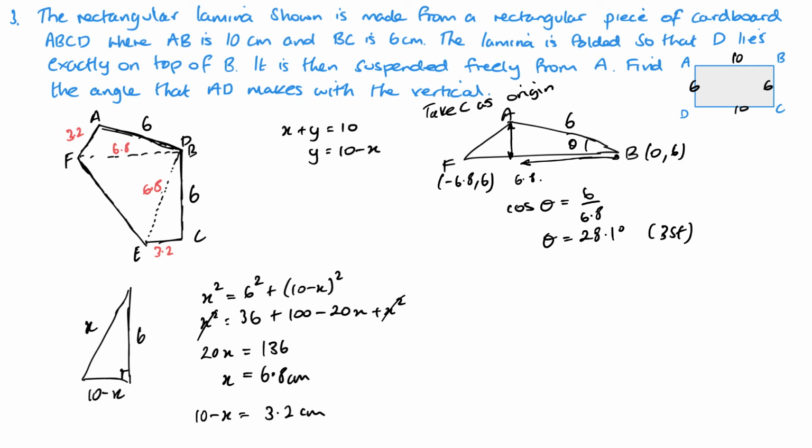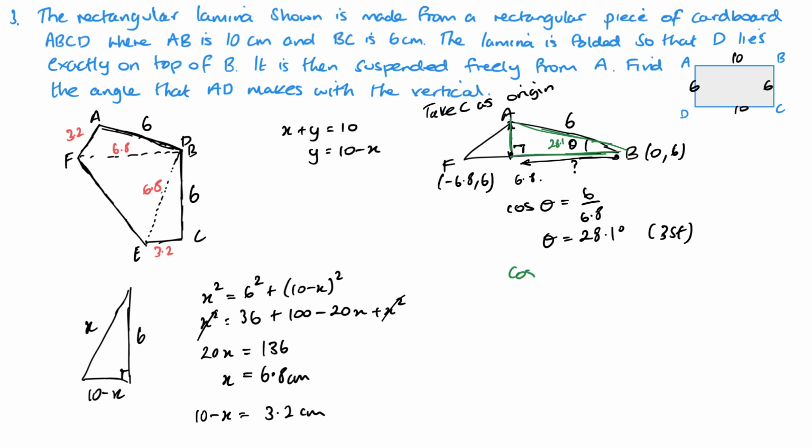Now I can use that to work out what this missing value is here. Because I've got an angle, now I've got a new right angle triangle. Now I'm switching to this triangle with a 28.1.